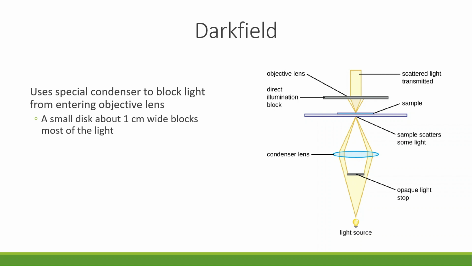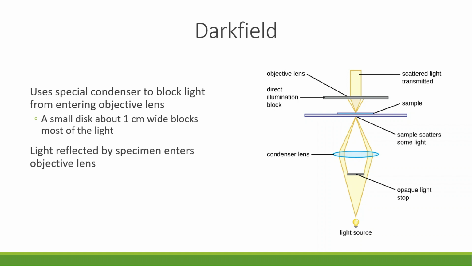This technique is particularly effective for observing small, transparent, or unstained specimens that are difficult to see using bright field microscopy. The opaque disc positioned close to the light source ensures that most of the light is blocked. The remaining light is condensed and directed around the edges of the specimen.